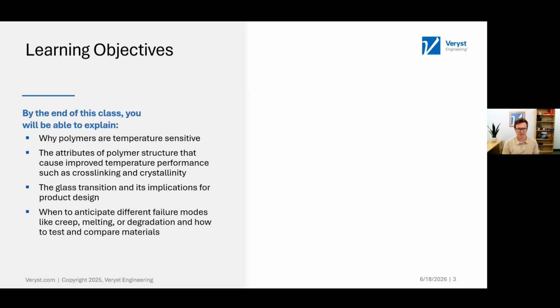And we're going to talk about some failure modes like creep, melting, and degradation, how to test for those and how to compare different materials to assess whether or not that's going to be a prominent failure mode for your particular design.